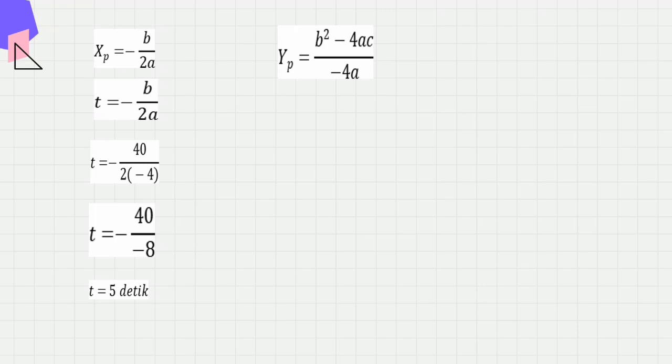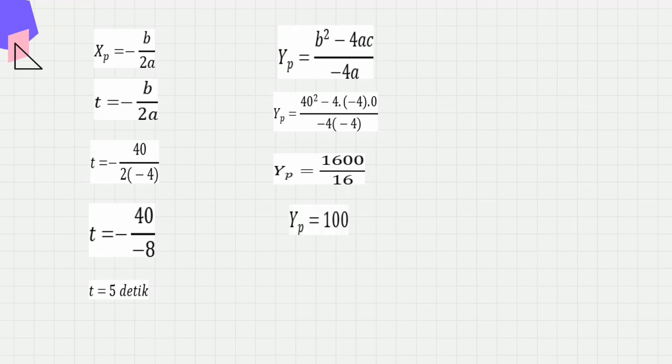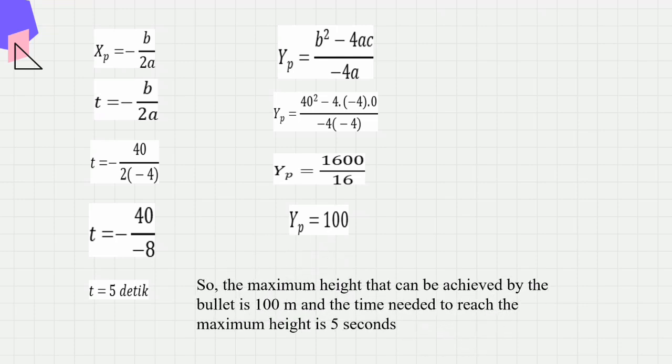Substituting a, b and c into the formula, it becomes yp is equal to 40 squared minus 4 times negative 4 times 0, all over negative 4 times negative 4. So, yp is equal to 1600 divided by 16, and then yp is equal to 100. Finally, the maximum height that can be achieved by the bullet is 100 meters, and the time needed to reach the maximum height is 5 seconds.